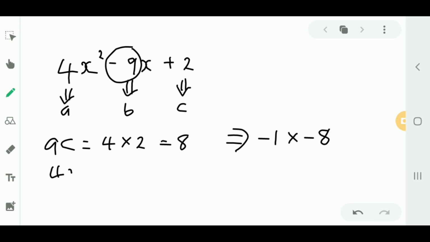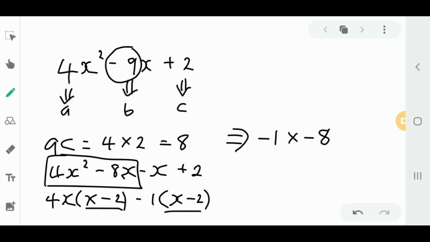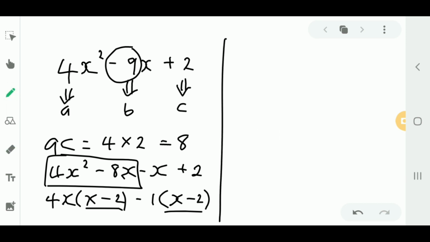So we have 4x squared minus 8x minus 1x plus 2. We factor the first two: that's 4x times x minus 2, minus 1 times x minus 2. Now that our brackets are the same, we have 4x minus 1 and x minus 2 from this aspect.